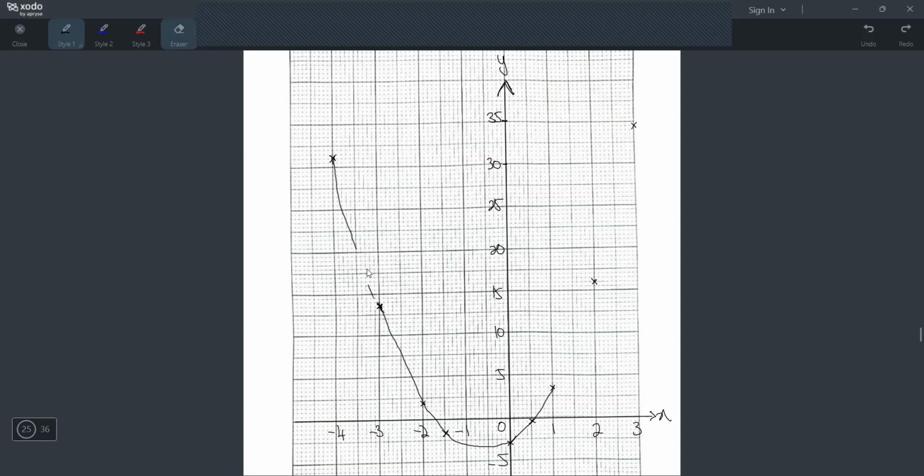Oh, let me try one more time. Okay, nice. Okay, this one. Let's go. Okay. Yeah, but it doesn't touch the point, so I have to go again.